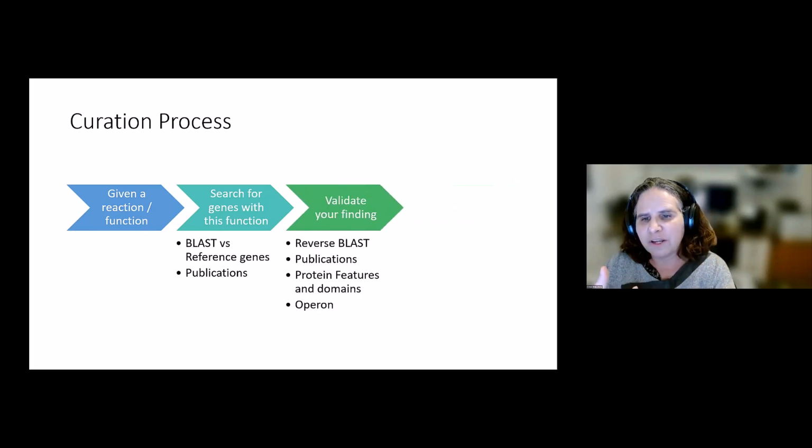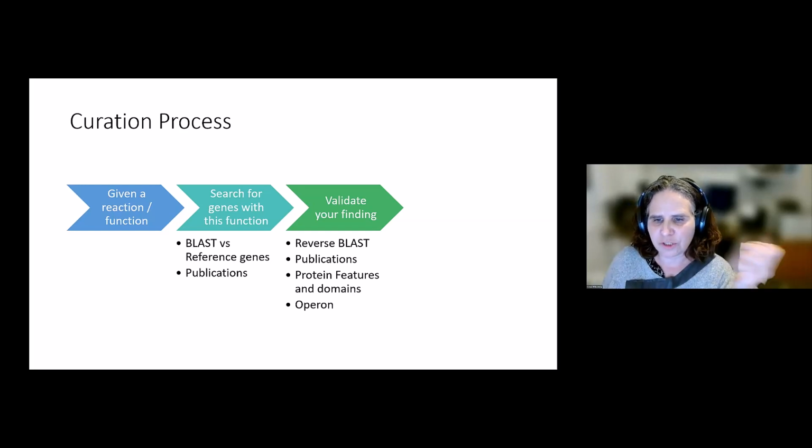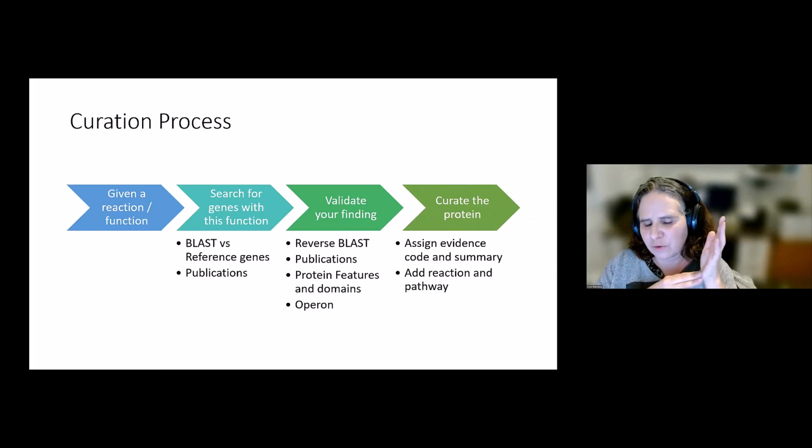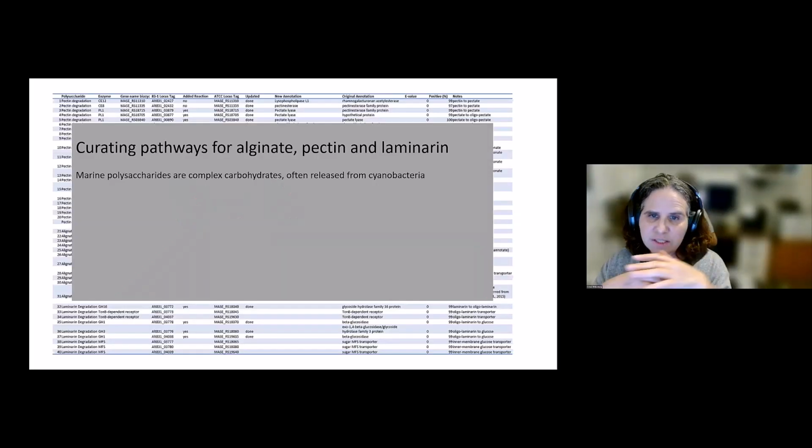Then we validate our finding by reverse blasting, basically taking the genes that we found and seeing that they are actually blasting for this function, additional publications, protein features, domains, operons, and so on. And then once we have a good confidence, we curate the protein by assigning evidence codes, adding summaries, adding reactions, and pathways. Here is an example.